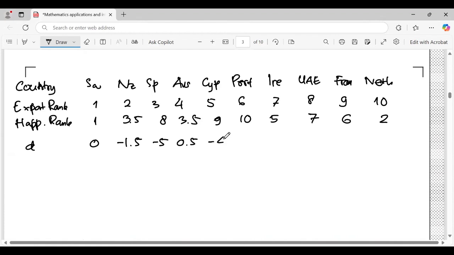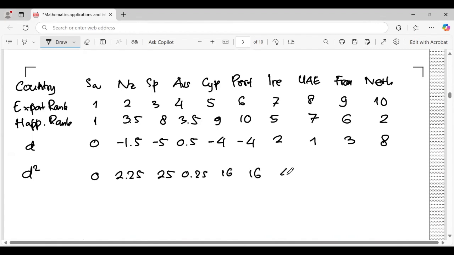This is minus 4, this is minus 4, this is 2, this is 1, this is 3, and this is 8. And after that, D squared: 0, 2.25, 25, 0.25, 16, 16, 4, 1, 9, and 64.